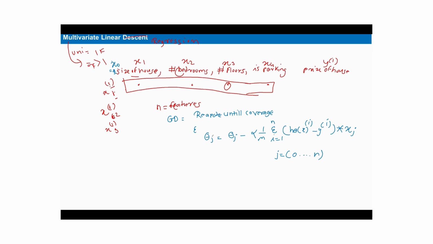For theta 0, because we kept x0 as 1, it does not affect anything, whatever value times 1 remains the same. For theta 1, it takes that feature value in the multiplication. This is only a setting inside multivariate linear regression gradient descent.